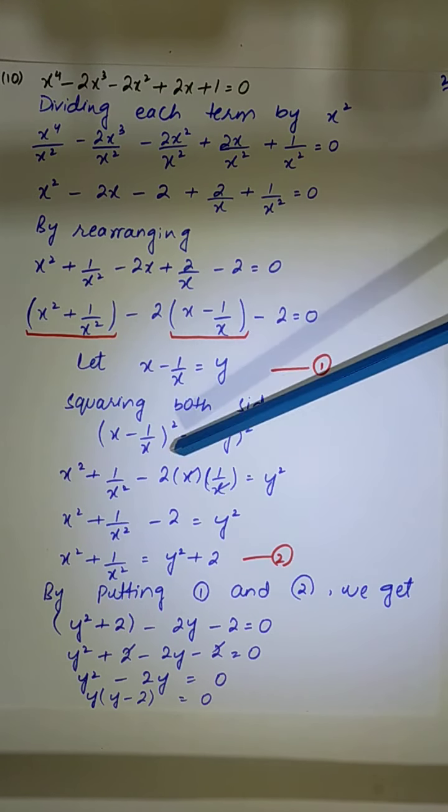So 2y minus 2 is equal to 0. When you open the bracket, this becomes y square plus 2 minus 2y minus 2 is equal to 0, and after that 2 will cancel out. This is with a plus sign, this is with a minus sign, and this will cancel out, and we have y square minus 2y is equal to 0 left.